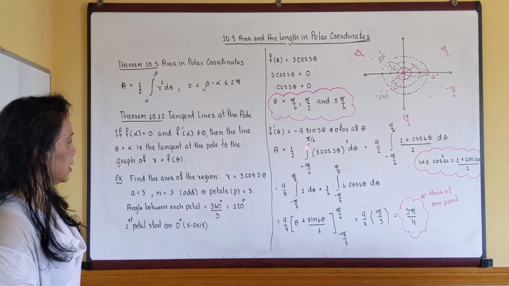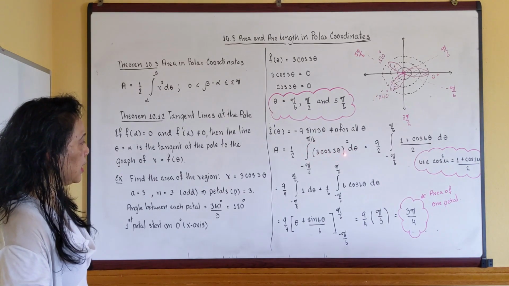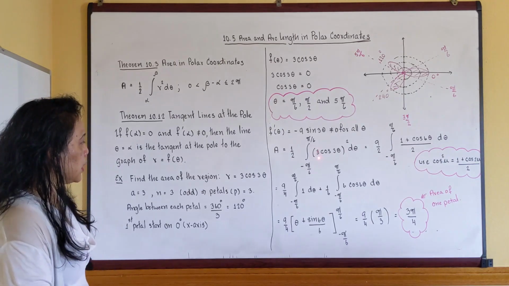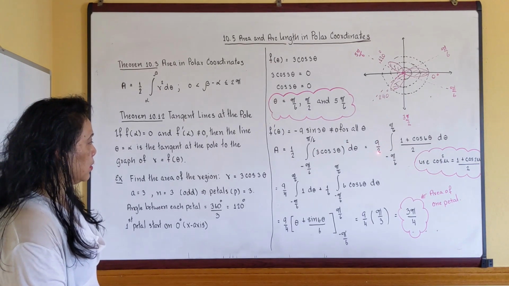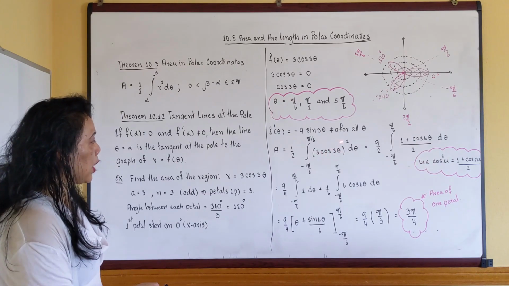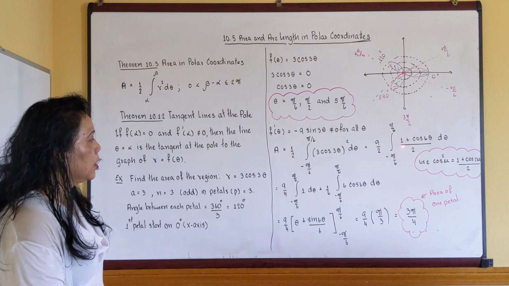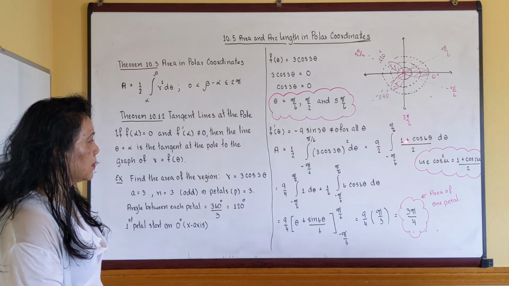As you can see here, I take an integral of 3 cosine 3 theta squared d theta. 3 squared is 9, so I have 9 over 2. Now for cosine squared I use this formula again, similar to the one we did in the last example. So I end up with this whole thing.